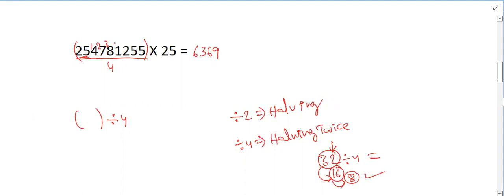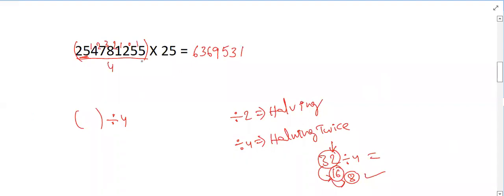Now this number becomes 21. 21 divided by 4 is 5 with remainder 1. Now it is 12. 12 divided by 4 is 3 with remainder 0. Now it is 05, nothing but 5. 5 divided by 4 is 1 with remainder 1.